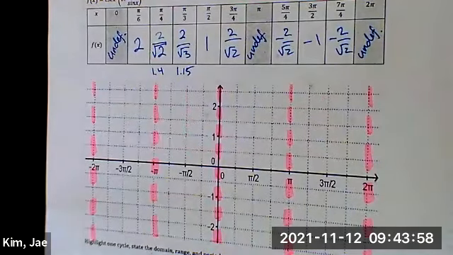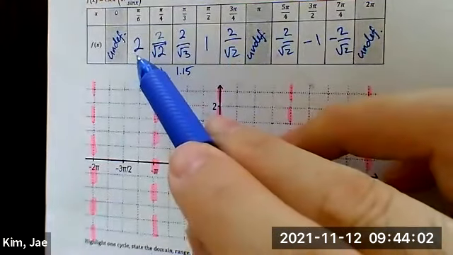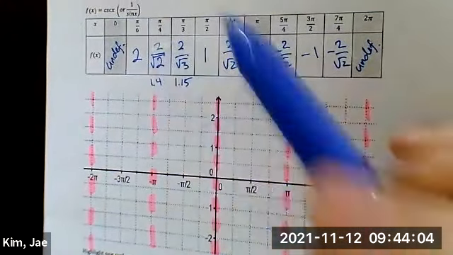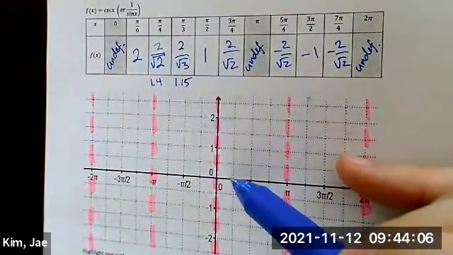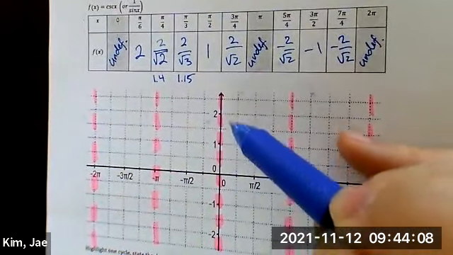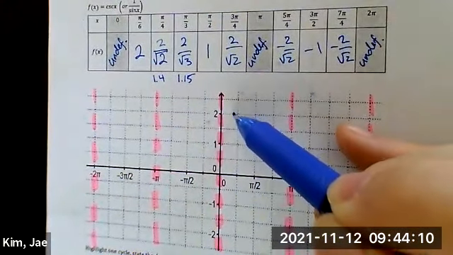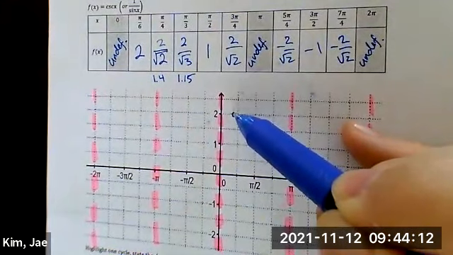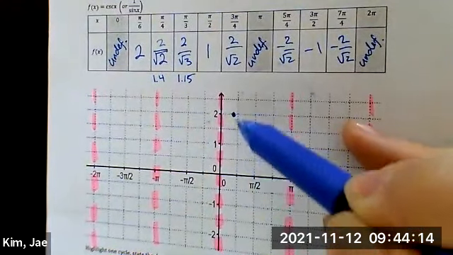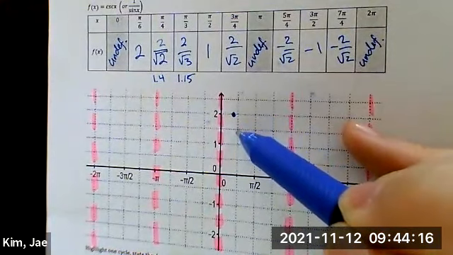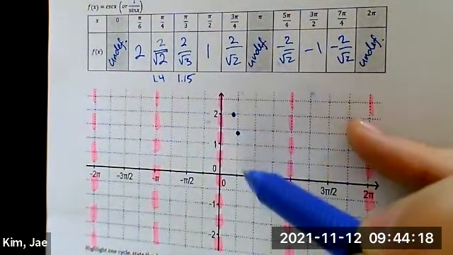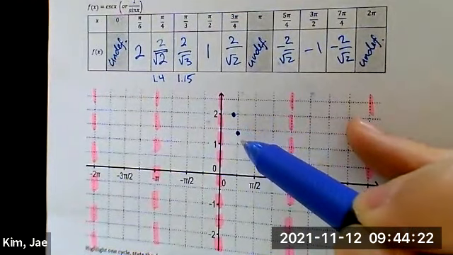Next. Brace yourselves. Let's do the easy ones. At pi over 6, which is just left of the first dotted line, I have a 2. And then on the dotted line, I have a 1.4. And then just to the right of the dotted line, I have a 1.12-ish.